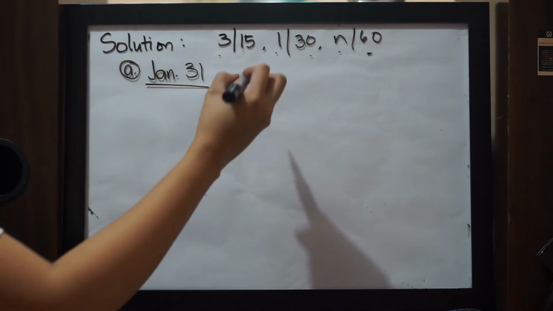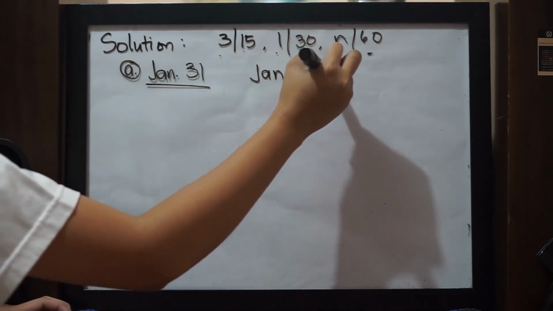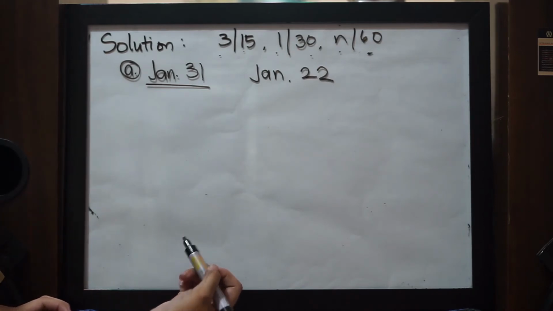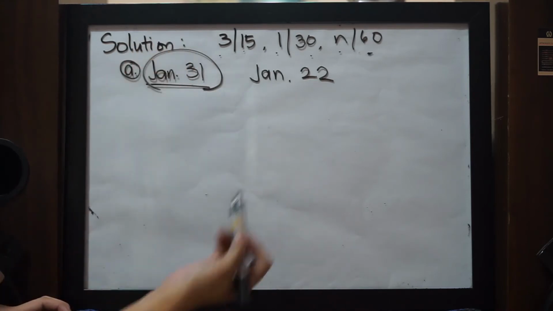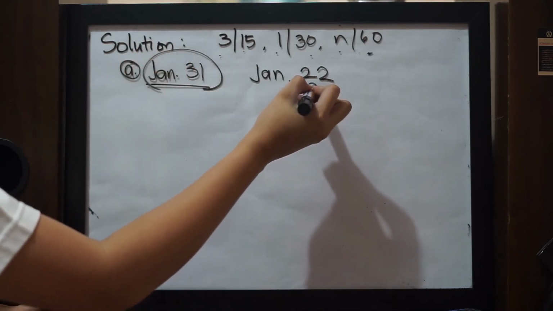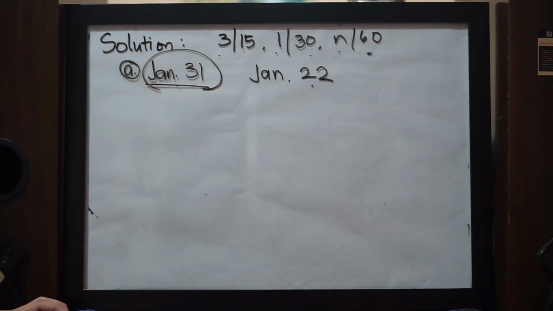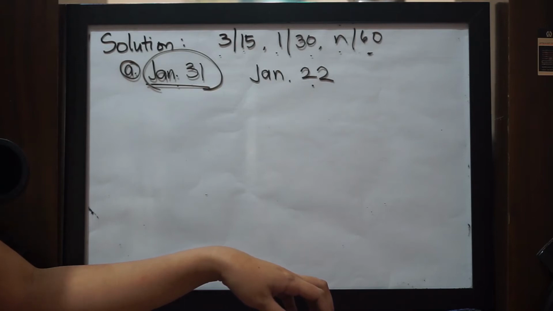And then, we also need the invoice date, January 22. We just have to identify how many days passed from January 22, which is the invoice date, up to January 31, which is when the payment is made. How do we know that? We have to count. How many days from January 22 to January 31?